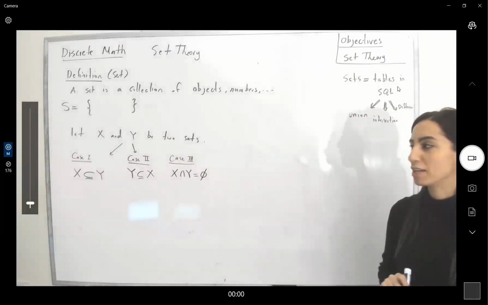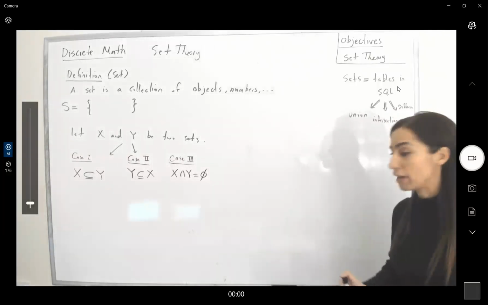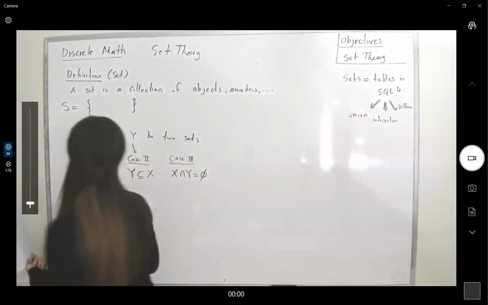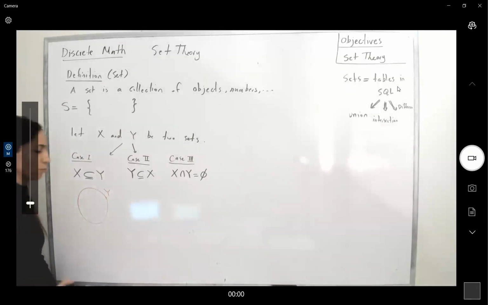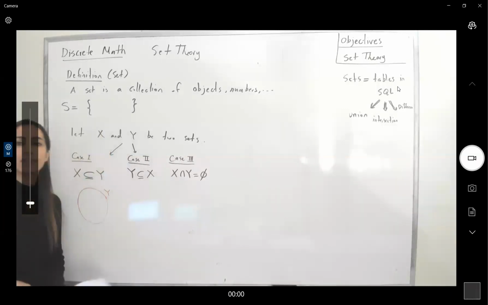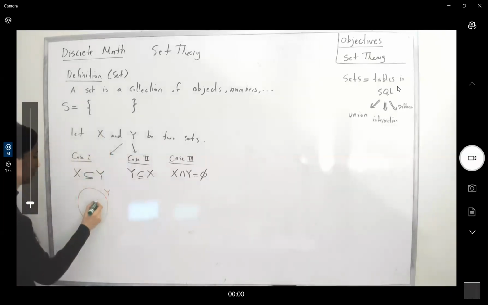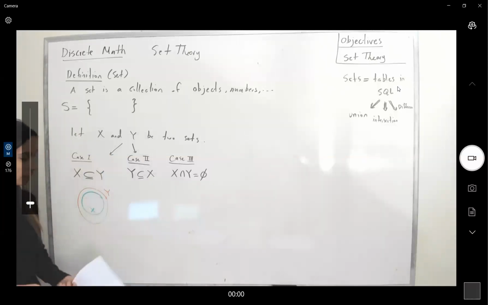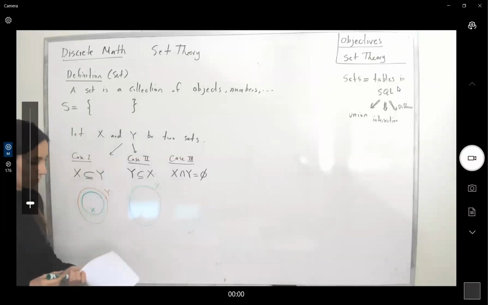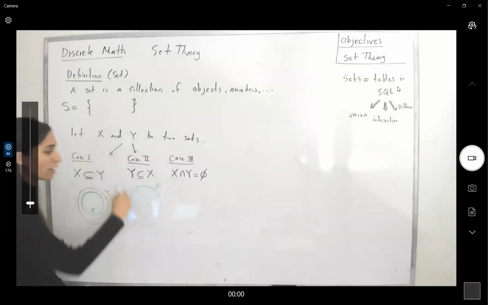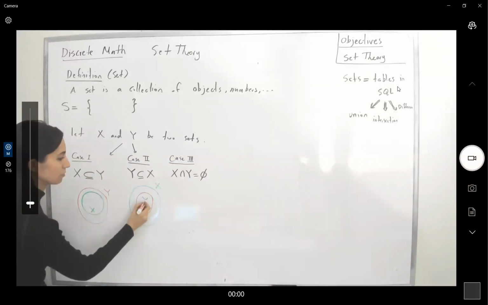No relation at all. So if you want to use Venn diagrams, in this case, Y is the bigger set and X is the smaller set. X is included in Y. In this case, however, X is the bigger set, the larger set, and Y is included in X. Here we go.